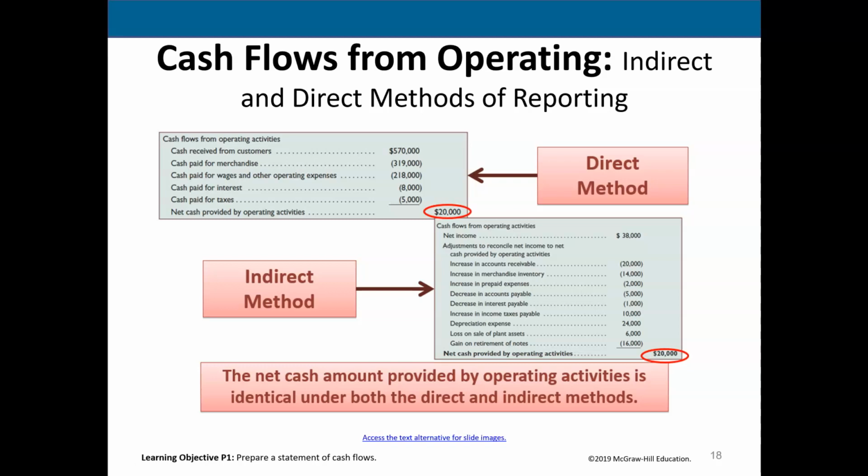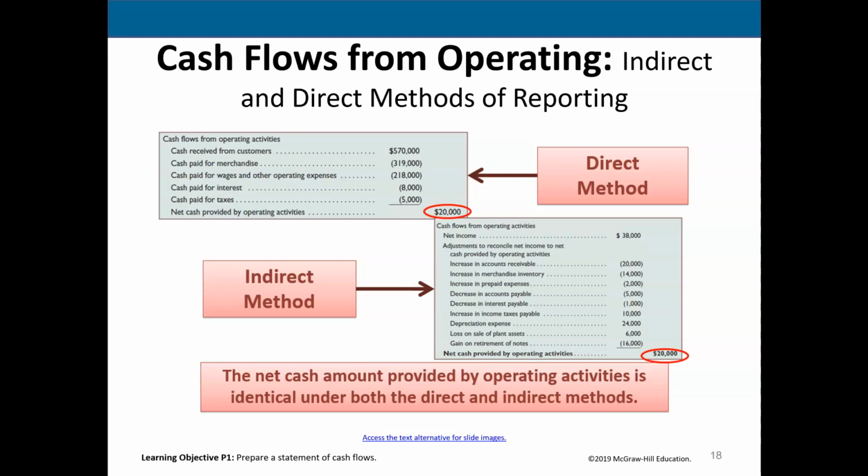Merchandise inventory has increased. Prepaid expenses has increased $2,000. Accounts payable has decreased $5,000. And interest payable has decreased $1,000, and so on. This is just a list of all of the activities that have to do with operating and cash.